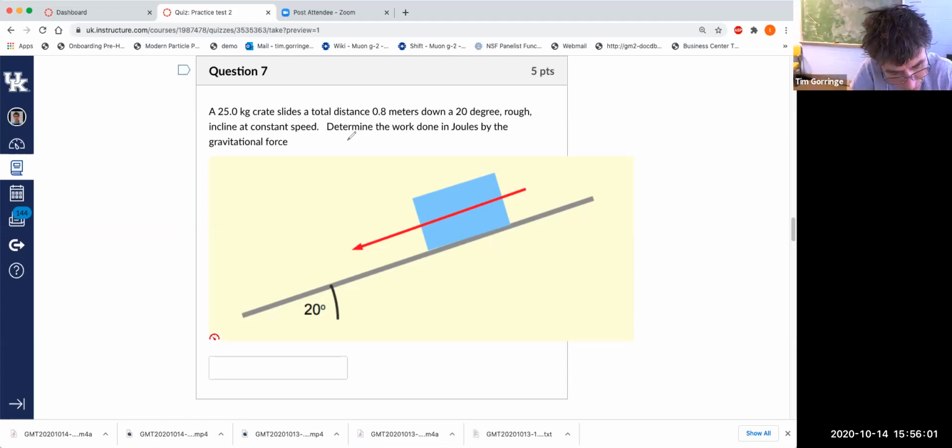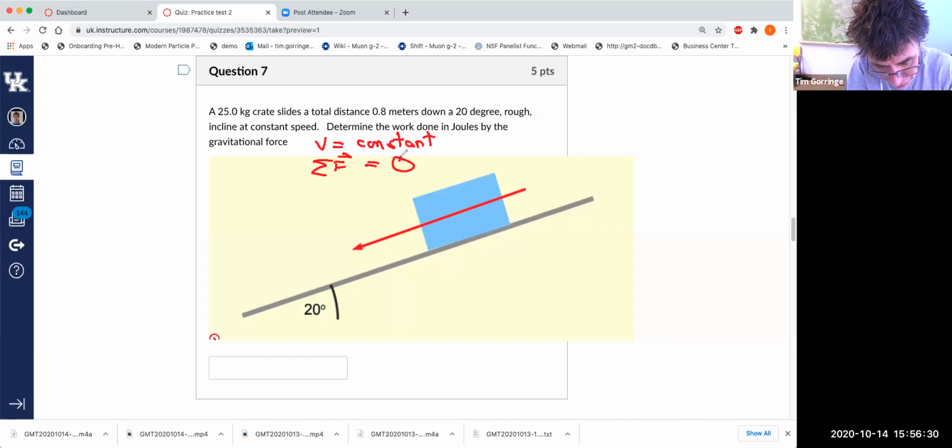The key thing is v is constant, speed is constant. That means that if you're not accelerating, the sum of the forces must be 0. And that fact is enough to determine the friction force. You don't need the coefficient of friction. So that's an important point here.